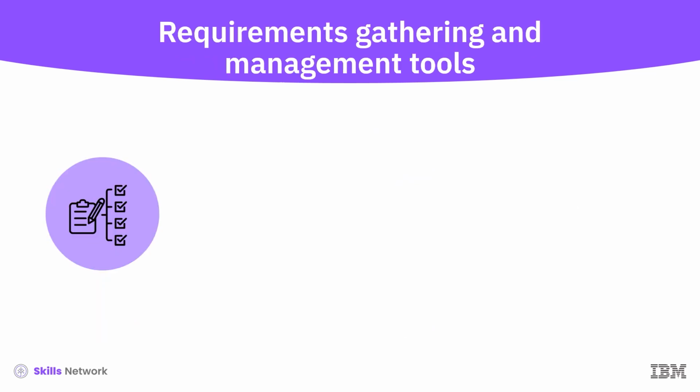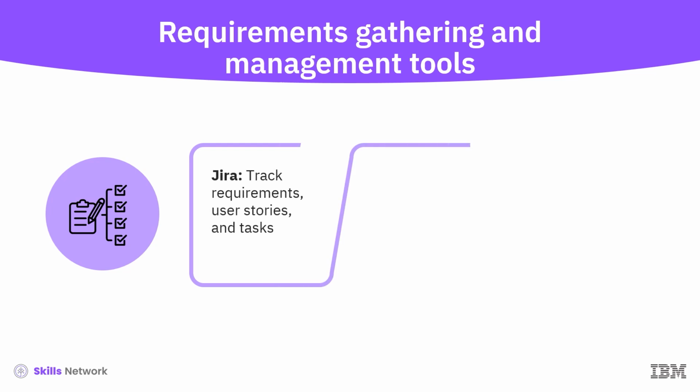Requirements gathering and management tools are essential for business analysts to document, track, and manage requirements effectively. These tools include Jira, primarily a project management tool that excels in tracking requirements, user stories, and tasks, particularly in agile settings.